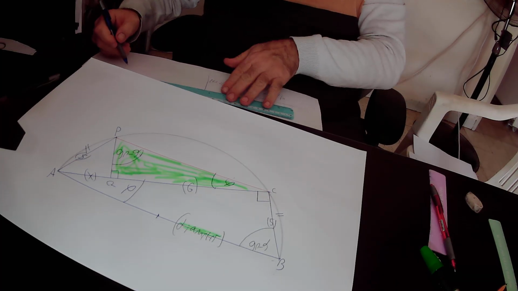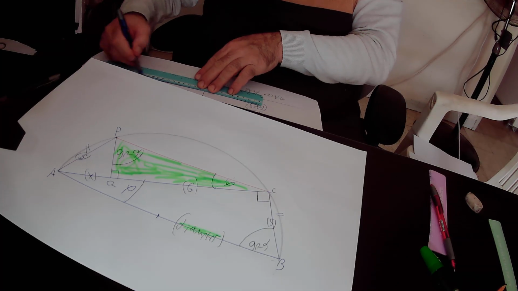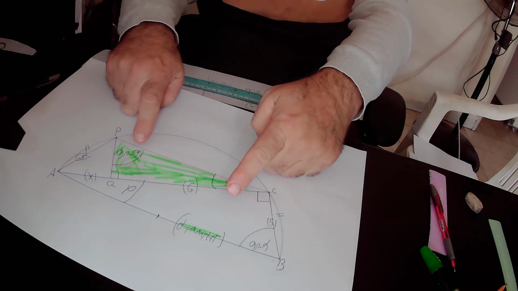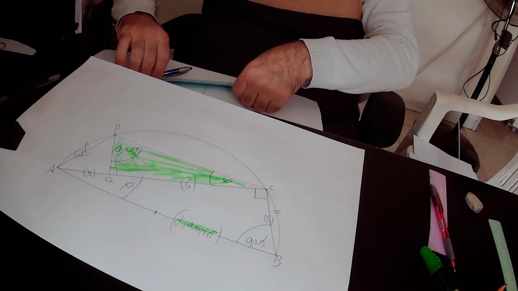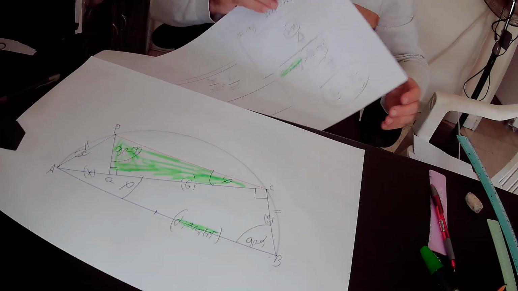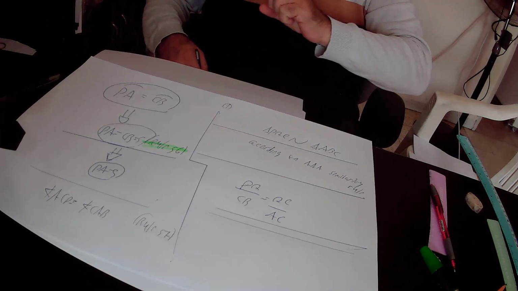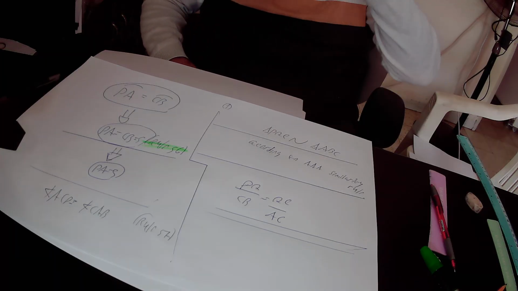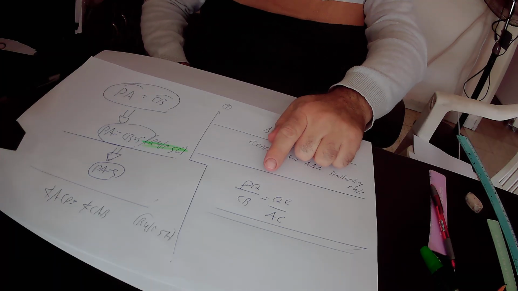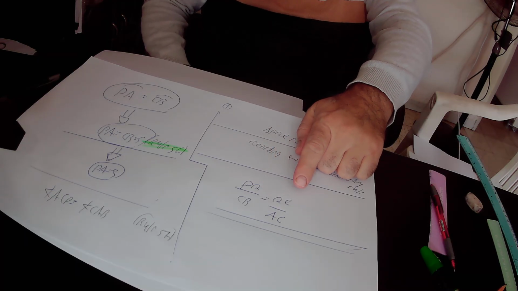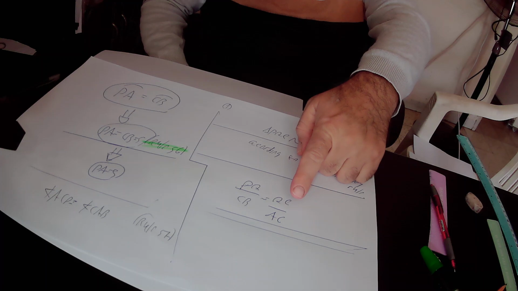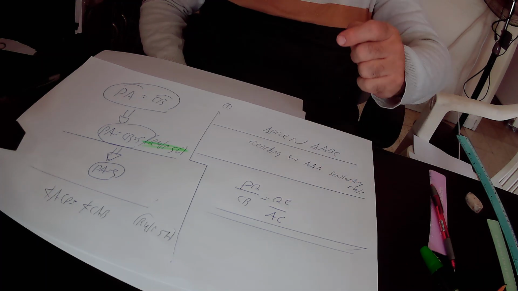Again, from the similarity of the two triangles, PQ over CB equals QC over AC.